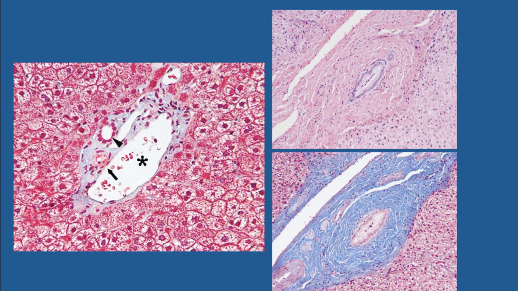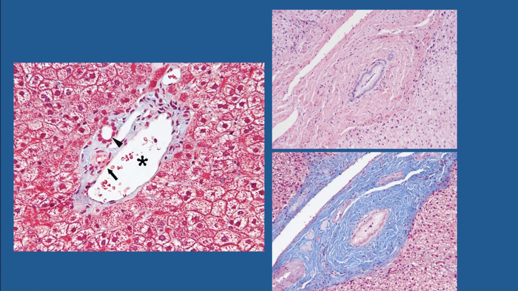A large portal tract will have a large bile duct, for example, this one. And a large bile duct is entitled to have more fibrous tissue than a small bile duct. So this collar of fibrous tissue around this large bile duct is perfectly legitimate. This is not fibrosis.